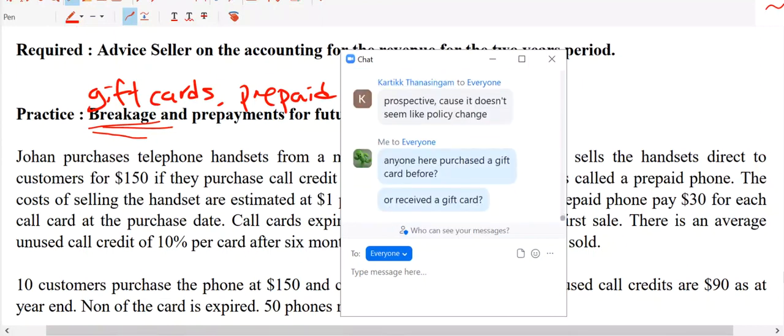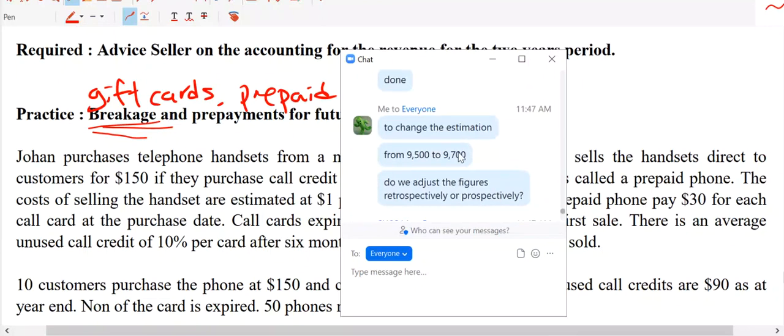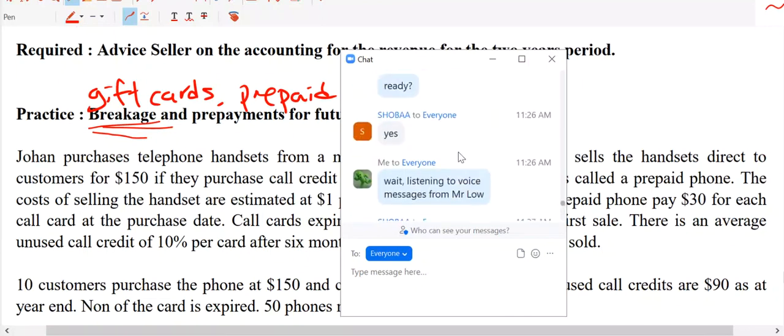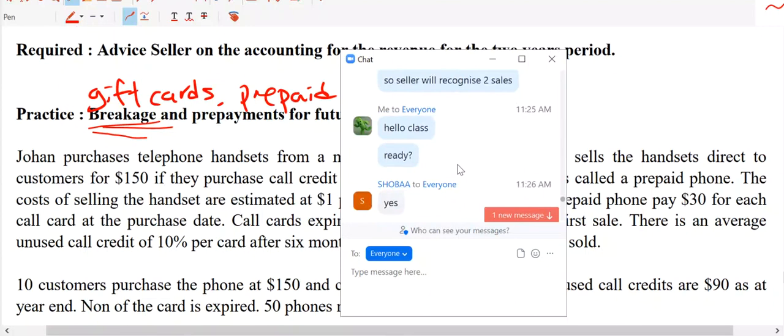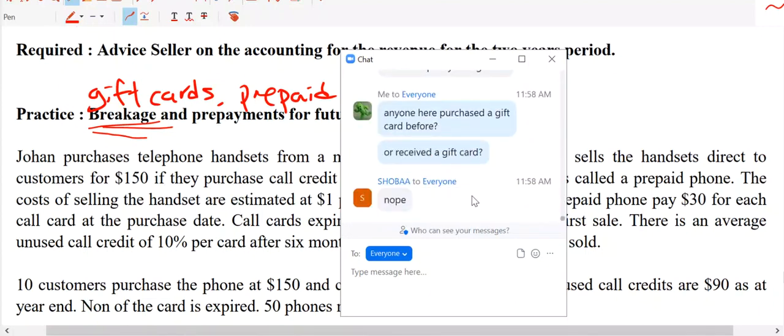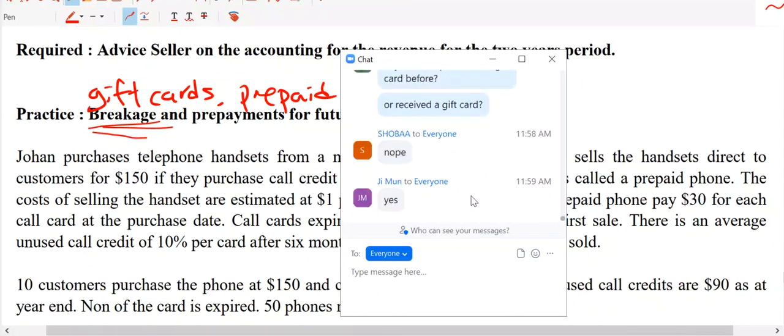Now I have 17 in total, including myself, but mostly it's either Suba, Kate, or Cheng Hong. Cheng Hong today also quite quiet. The rest, can you share? I'm not going to buy, okay, so don't worry. So Suba never received and never purchased a gift card before. But anyone have that experience?